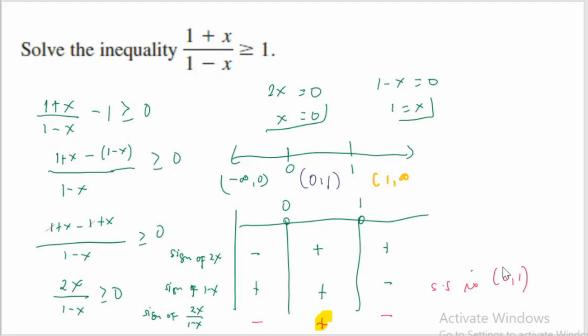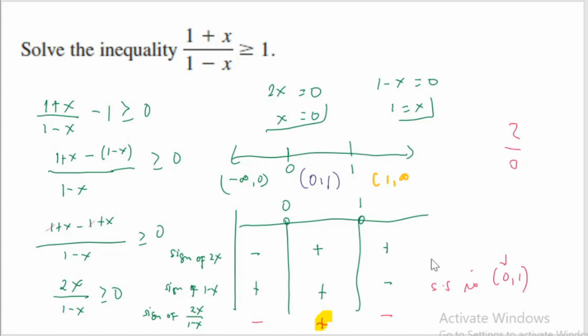Therefore 0 satisfies the given inequality. Now what about 1? If x is 1, 1 plus 1 is 2, so 2 is the numerator, and 1 minus 1 is 0. So 2 over 0 is undefined. Therefore 1 does not satisfy the given inequality.